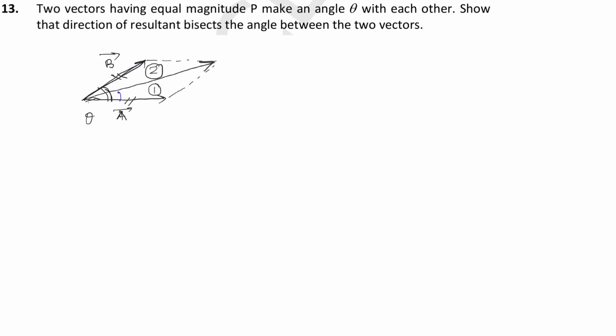So this angle and this angle will be equal, as the total angle is theta. So this angle is nothing but theta by 2. So whenever you have two vectors of equal magnitude, then the resultant will bisect the angle between these two vectors. Keep this point in mind.